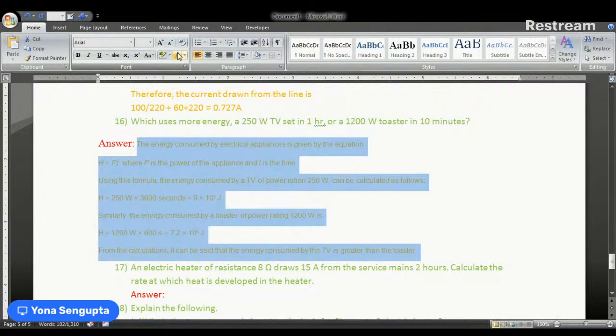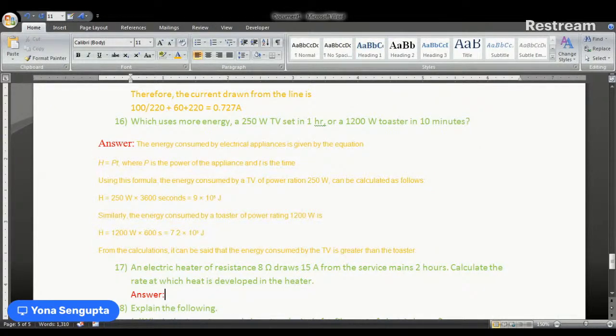Next question gives that an electric heater of resistance 8 ohm draws 15 A from the service mains for 2 hours. Calculate the rate at which the heat is developed in the heater.